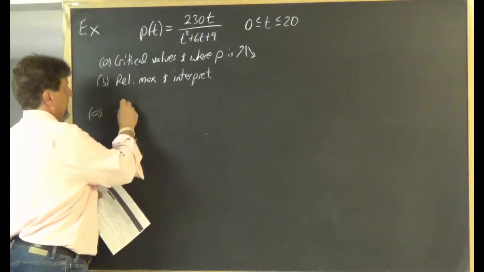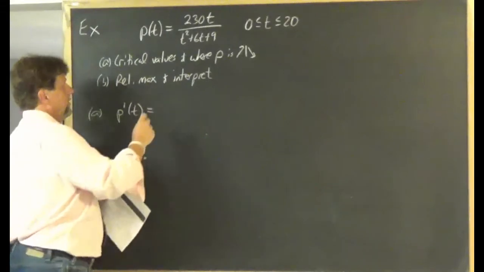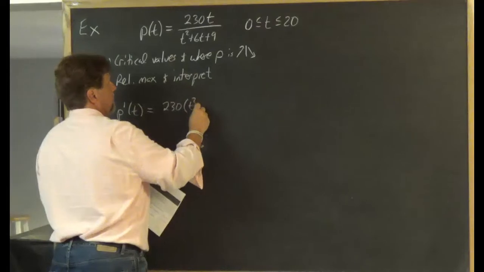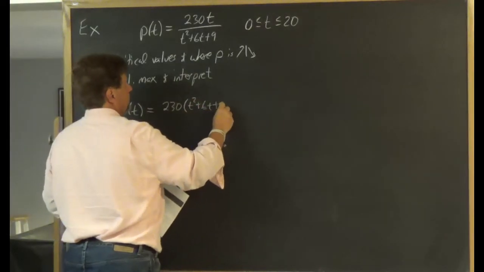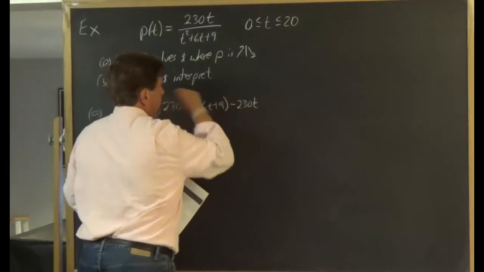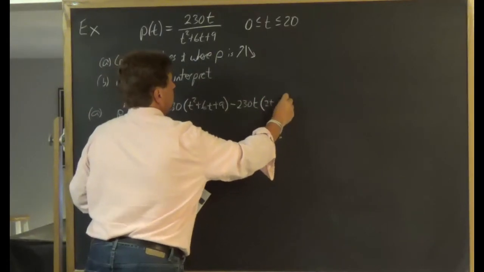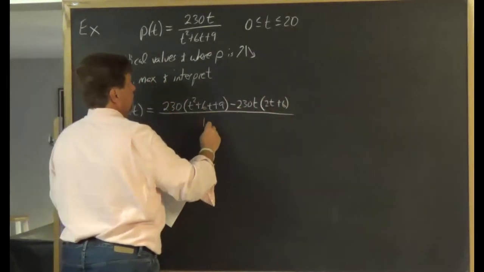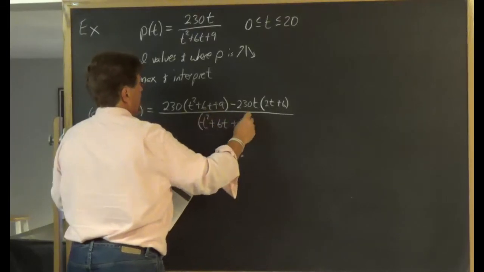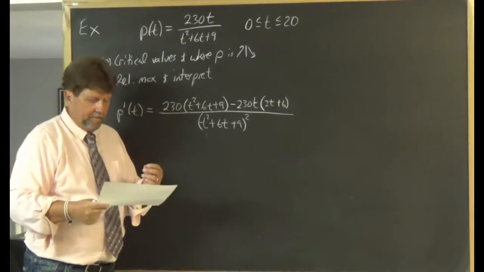So to get the derivative here, that's going to require the quotient rule. So the quotient rule, the derivative of the numerator times the denominator minus the numerator times the derivative of the denominator, and then all of that stuff over the denominator squared. Okay, I do have to simplify this. I have a lot of work to do here simplifying.